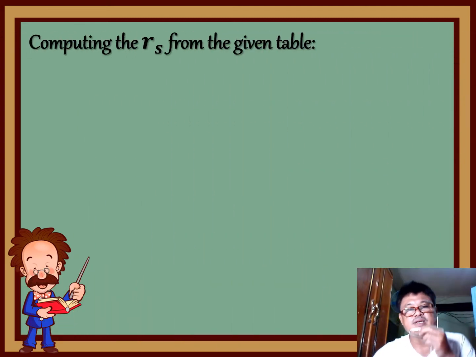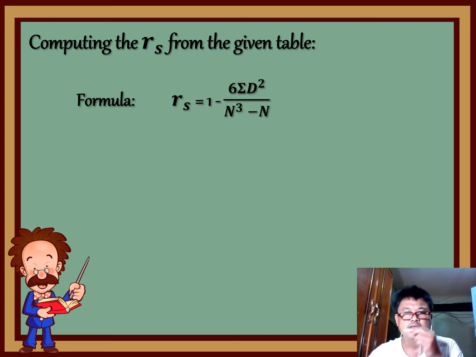Now in computing the R sub S from the given table, we are going to follow this formula. The formula is R sub S is equal to 1 minus 6 times the summation of D squared, all over n cubed minus n. Let us substitute the values so that this will look easier.